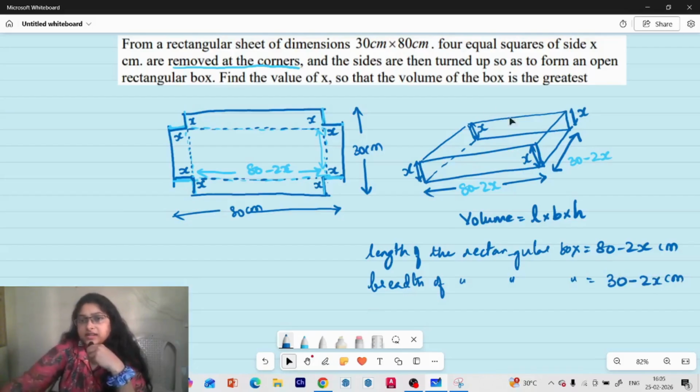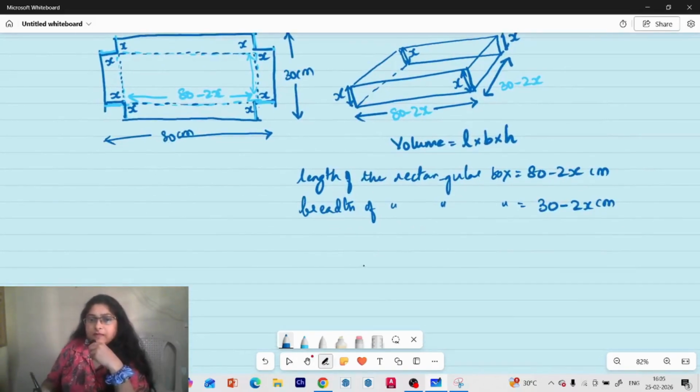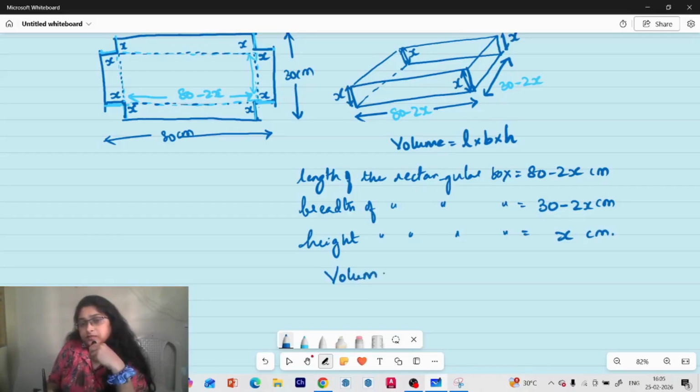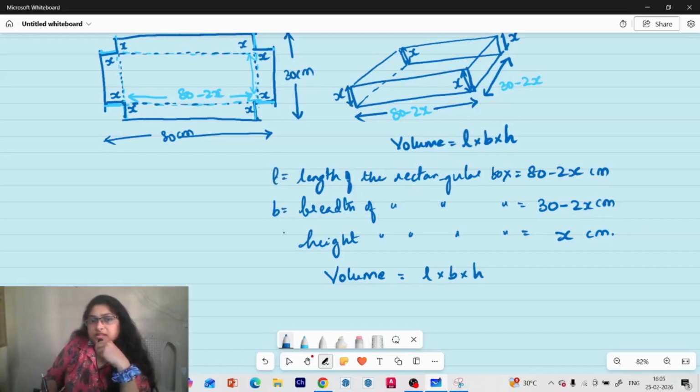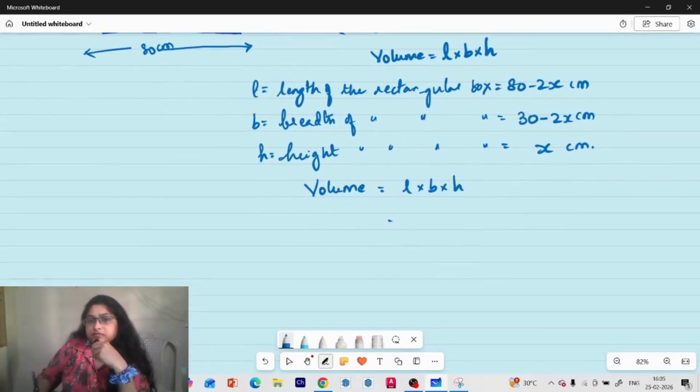And the height of the rectangular box is x centimeters. So what is the volume? Volume should be L into B into H. So I'm writing all the parameters: L is 80 minus 2x, into 30 minus 2x, into x.